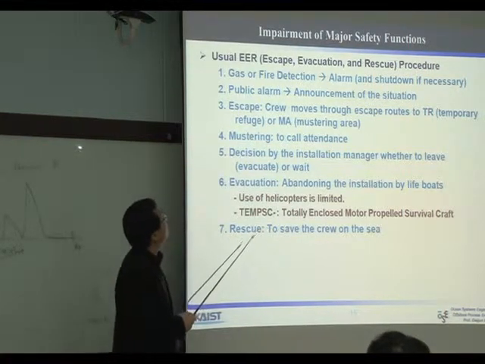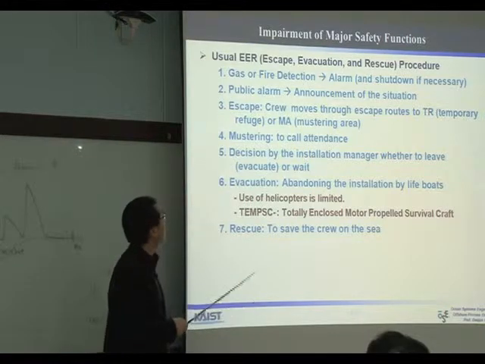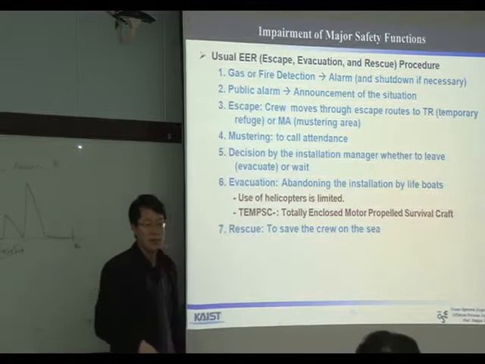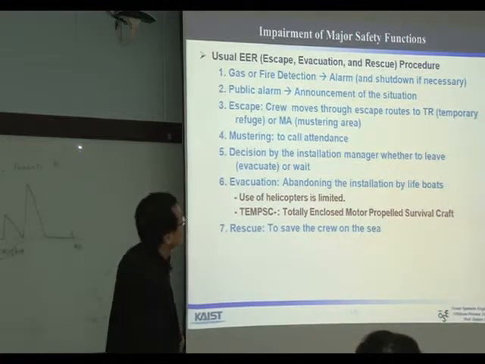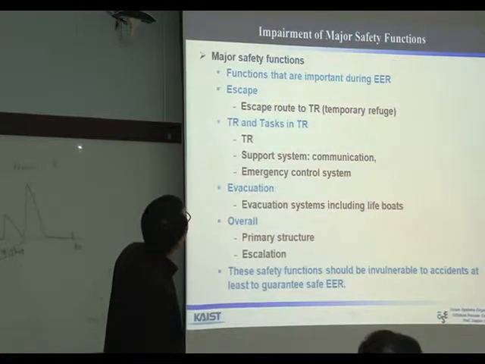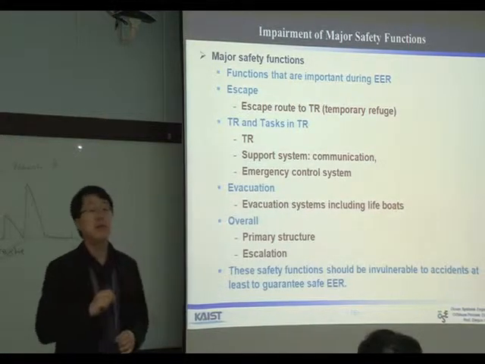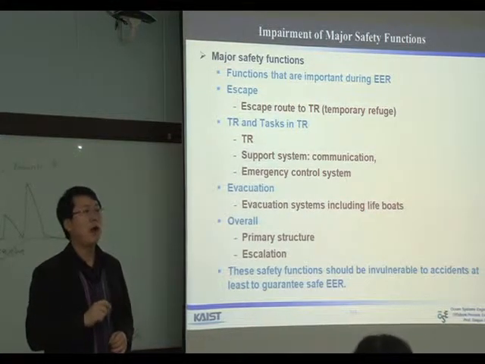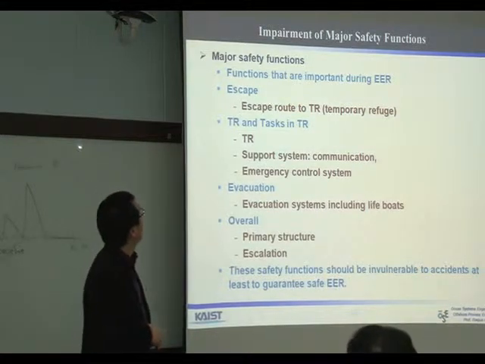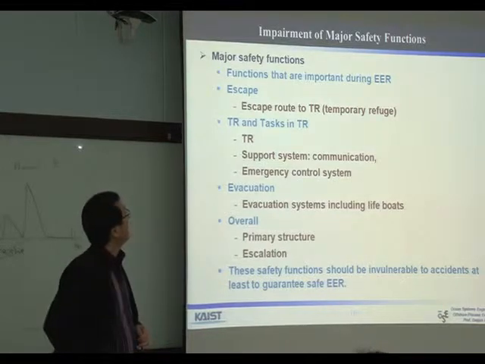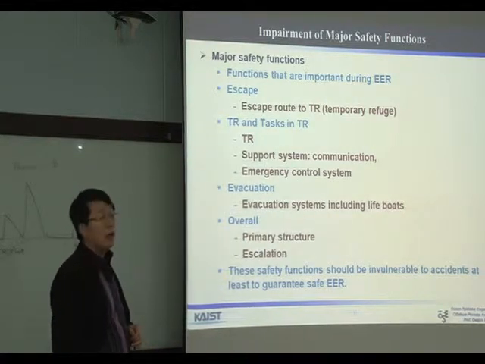So this is a typical procedure of EER: escape, evacuation, and rescue. There are major safety functions to help the EER. The major safety functions are the functions that are important during EER.